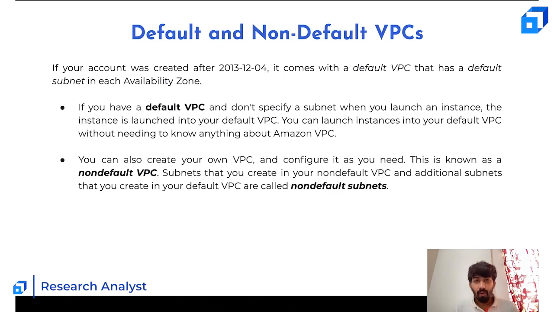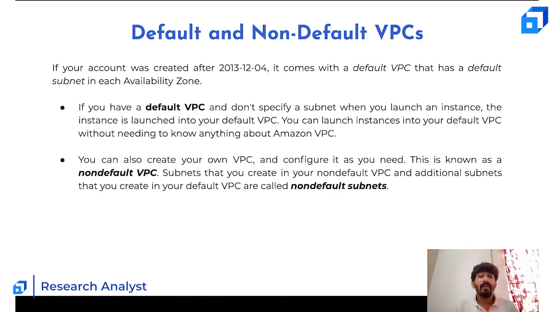If you have a default VPC, you don't have to specify any subnet when you launch an instance. In the previous AWS EC2 tutorial, you can see that when I'm launching an instance, I'm not going to specify any VPC or subnet. If you just launch it in the default VPC, it will launch it in a random subnet, whichever it chooses. You don't even have to provide your preference on which subnet you want to launch it to.